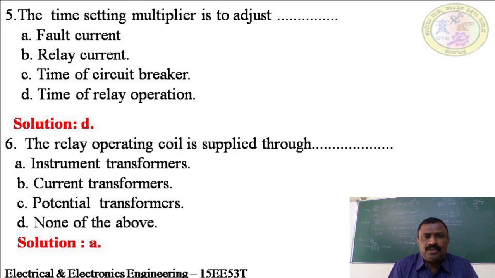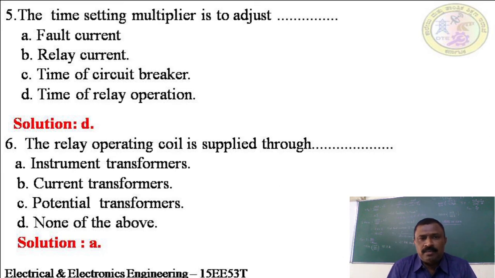So the next question is, the time setting multiplier is to adjust dash. Again the options are A, fault current; B, relay current; C, time of circuit breaker; D, time of relay operation.